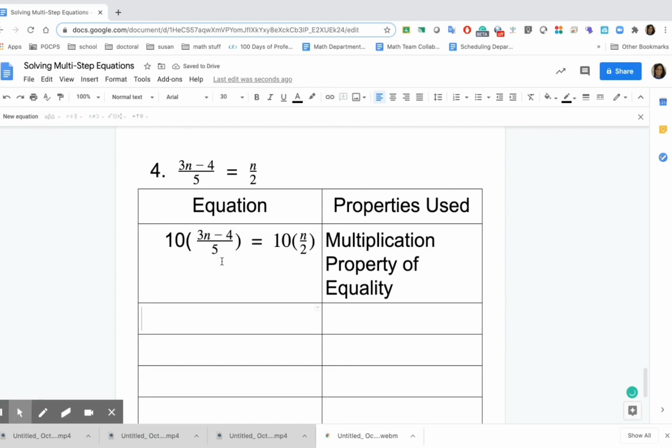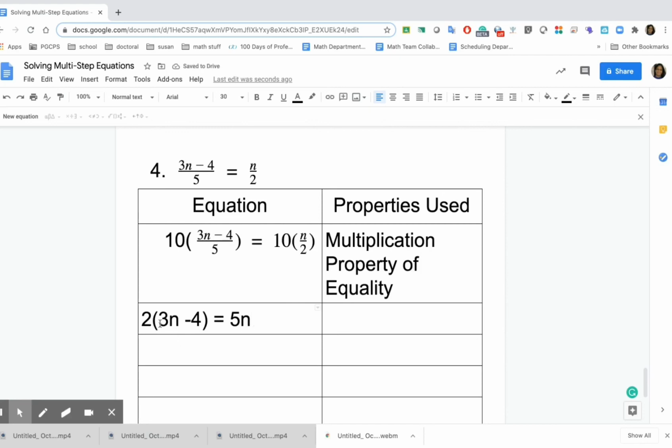Then 10 divided by 5 is 2, and 2 will be multiplied to the expression inside, 3n minus 4. Then the right side, 10 divided by 2 is 5, so the right side will be equal to 5n.